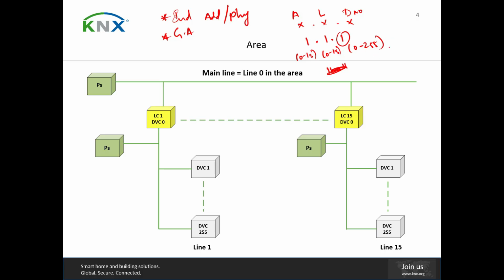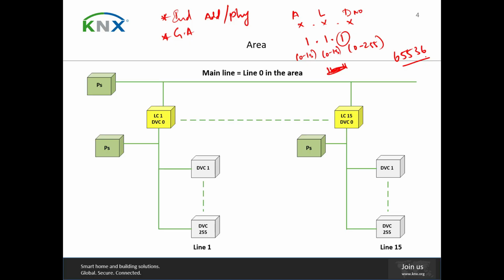This gives a theoretical value of 65,536 devices in a single network. This includes the device 000. If you remove that, you get 65,535 usable devices in a network. This is the theoretical maximum of a KNX installation.